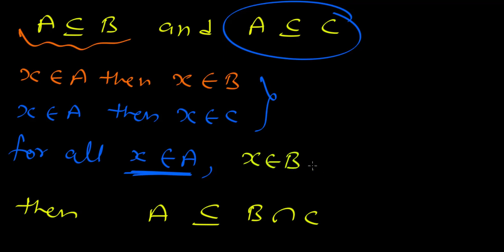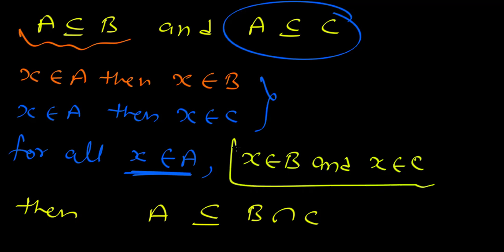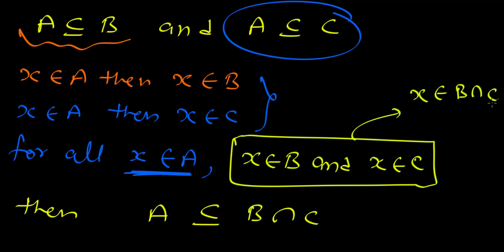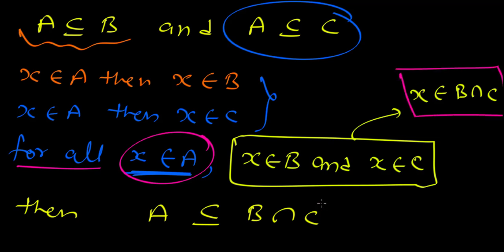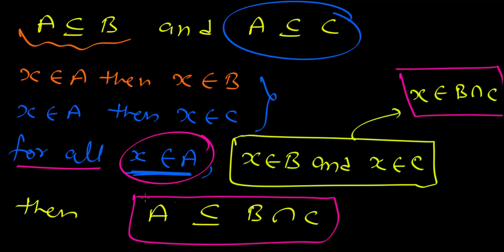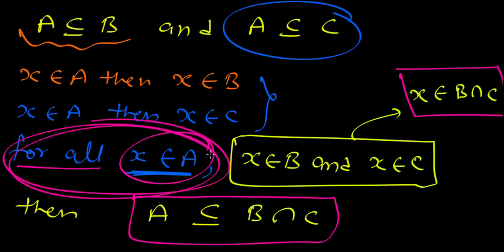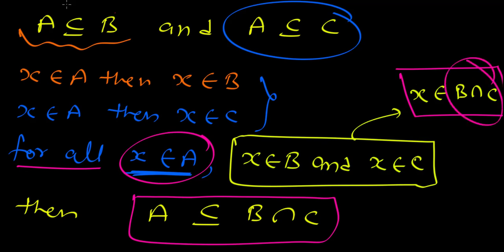Definitely x also belongs to B and x belongs to C. And from this, x belongs to B and x belongs to C basically means that x belongs to B intersection C, because x is common in B and C. So for all x belonging to A, x also belongs to B intersection C. So I can say that A is a subset of B intersection C, because every element of A is in B intersection C.